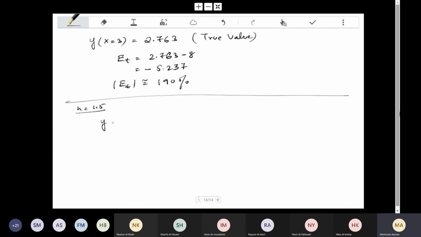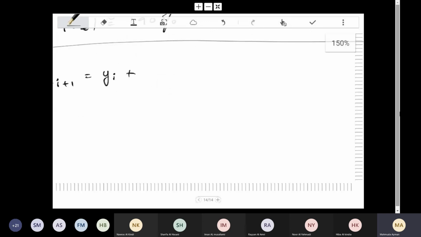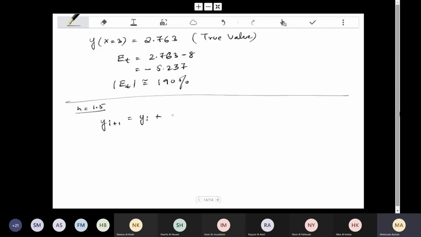So we have our Euler's formula: y(i+1) is equal to yi plus f of xi, yi times h here. So let's draw the table side by side.